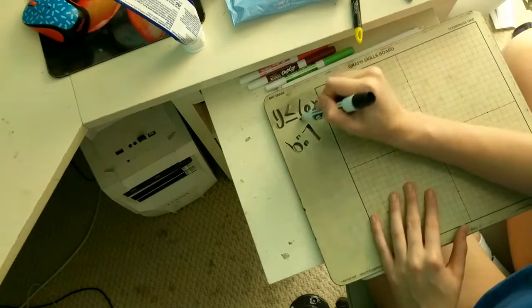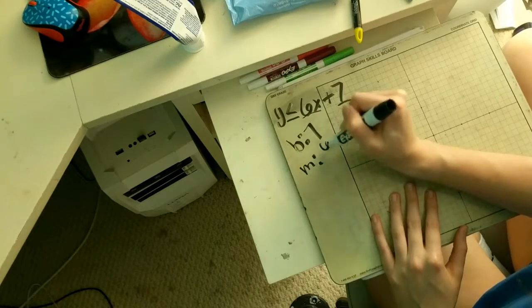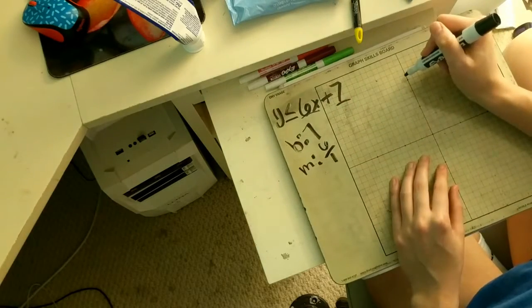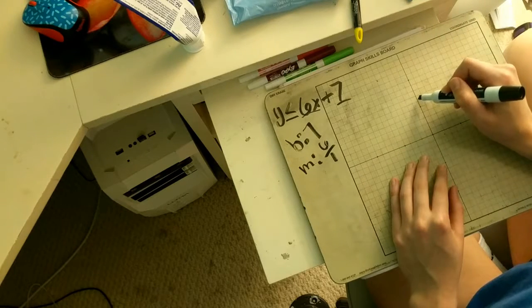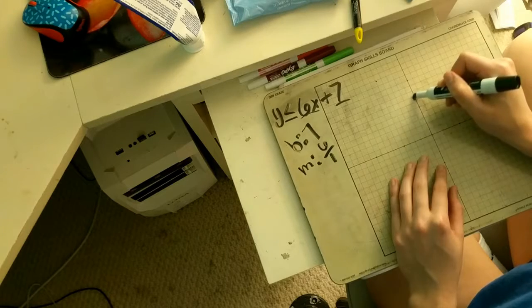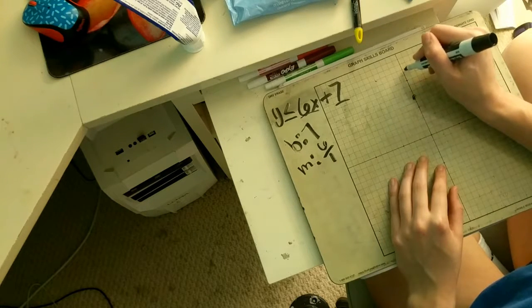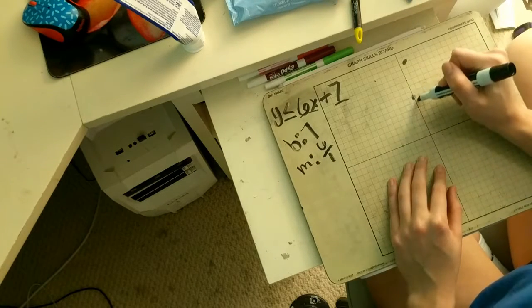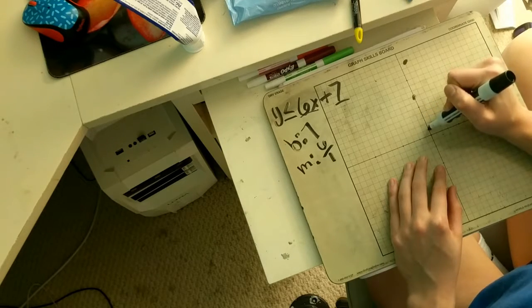We have our slope, 6, which will actually turn out to be 6 over 1. So what we're going to do is go over here, plot our first few points. 1, 2, 3, 4, 5, 6. Always do rise over run. 1, 2, 3, 4, 5, 6 over 1.